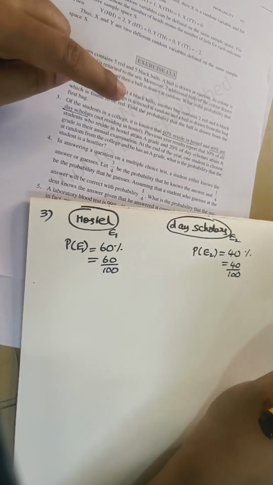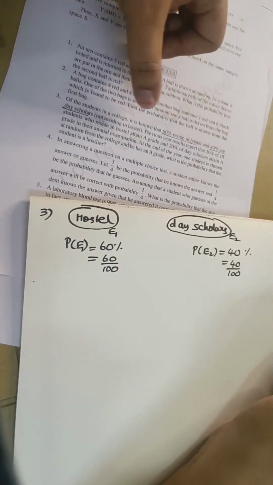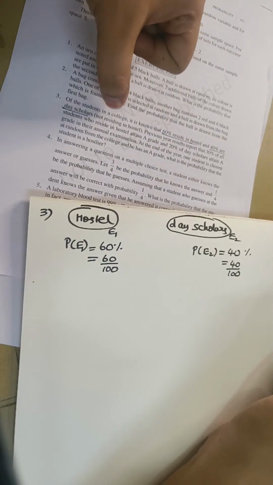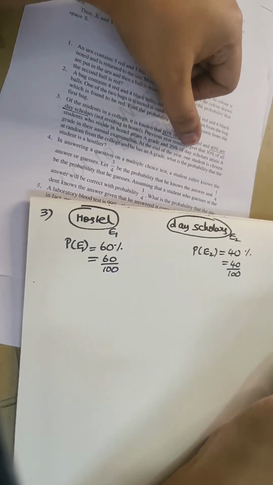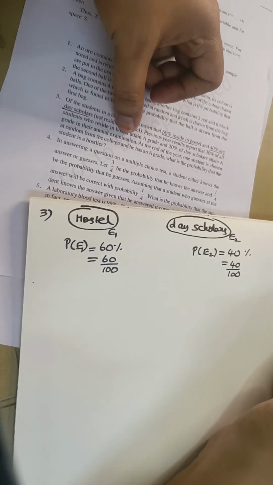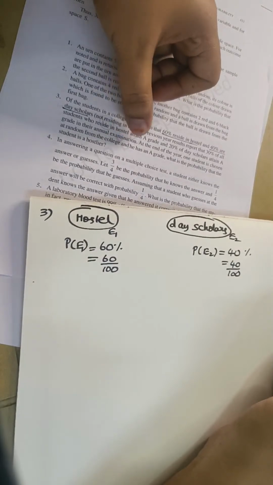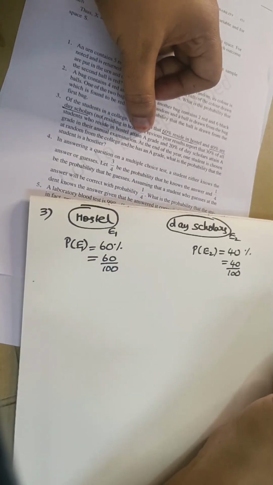Previous year results report that 30 percentage of all students who reside in hostel attain A grade and 20 percentage of day scholars attain A grade in their annual examination. So in both the cases, the common thing is attaining A grade.